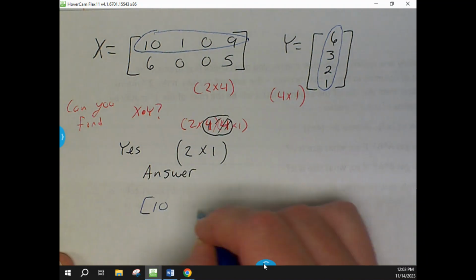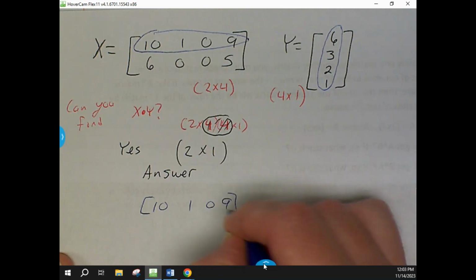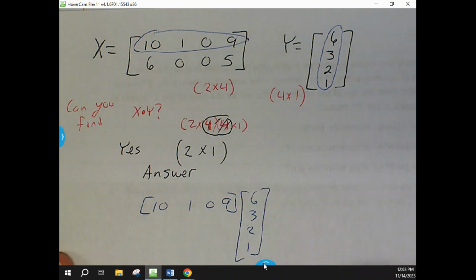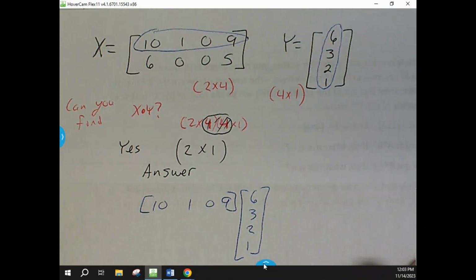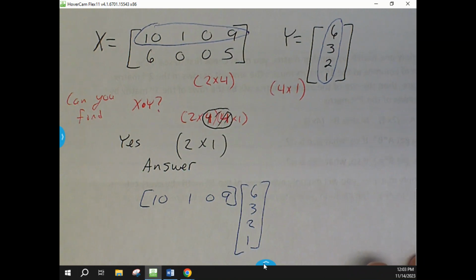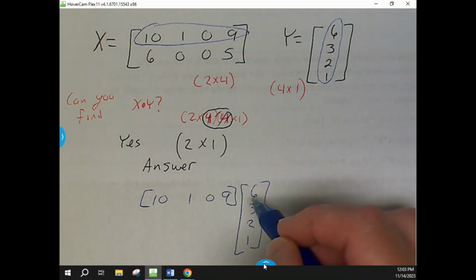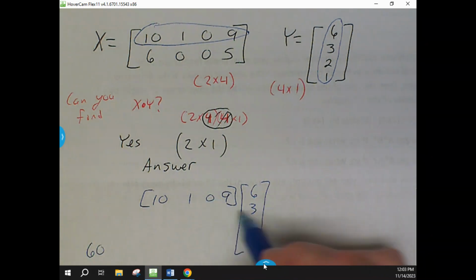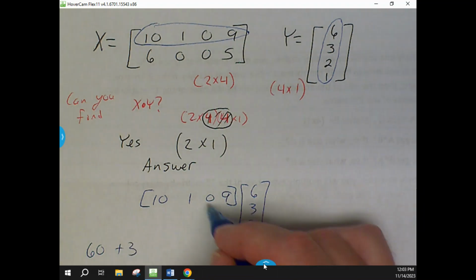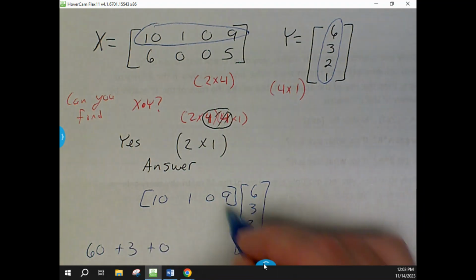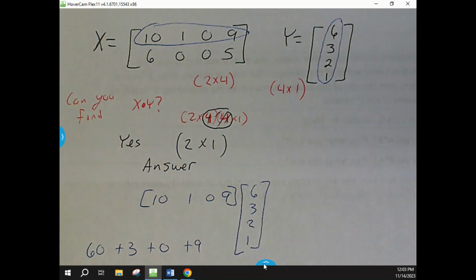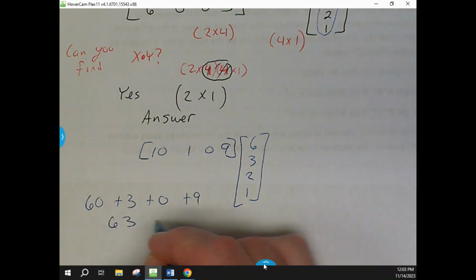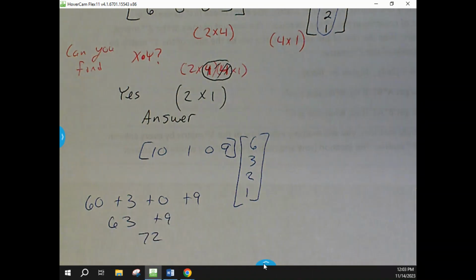So it's 10, 1, 0, 9 times 6, 3, 2, 1. 10 times 6 is 60. 1 times 3 is 3. 0 times 2 is 0. And 9 times 1 is 9. So that's 63 plus 9, which would make it 72.